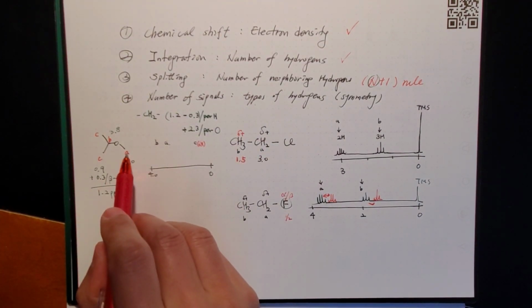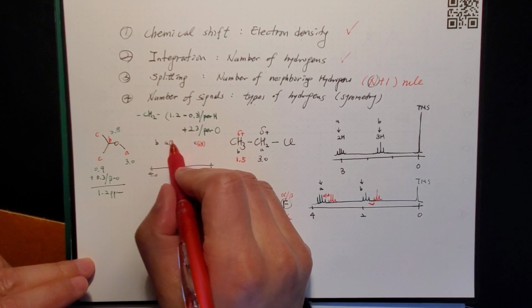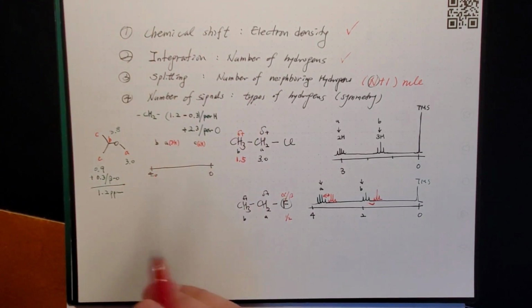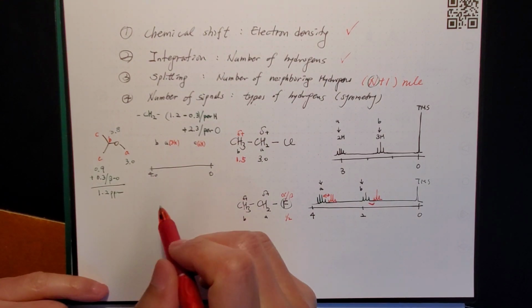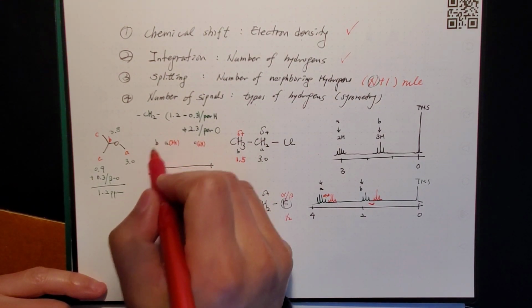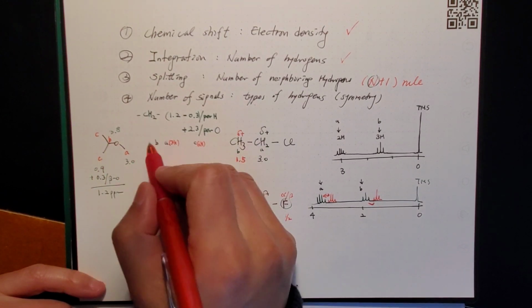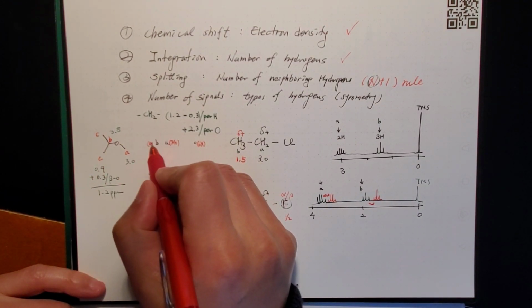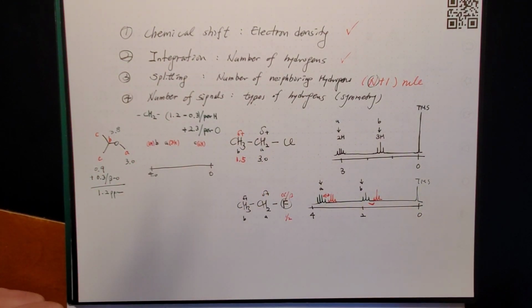Then A must be 3 hydrogens. That's the area under the peak. It's not proportional to the height, but roughly speaking, you can say that. B, one hydrogen, very small.